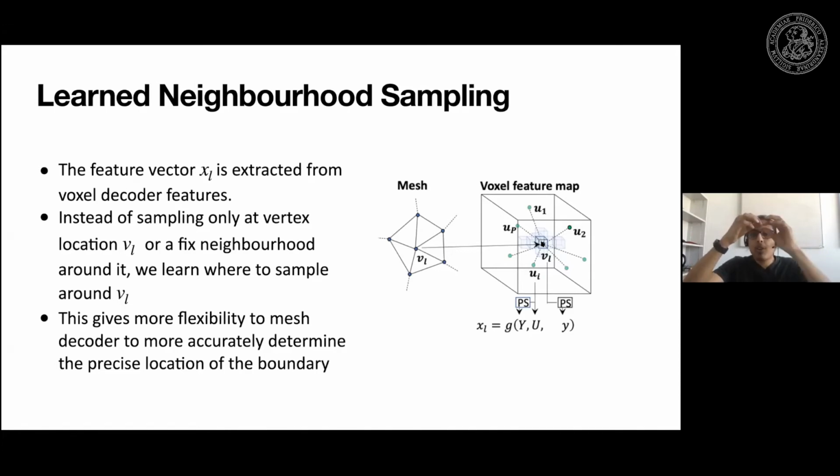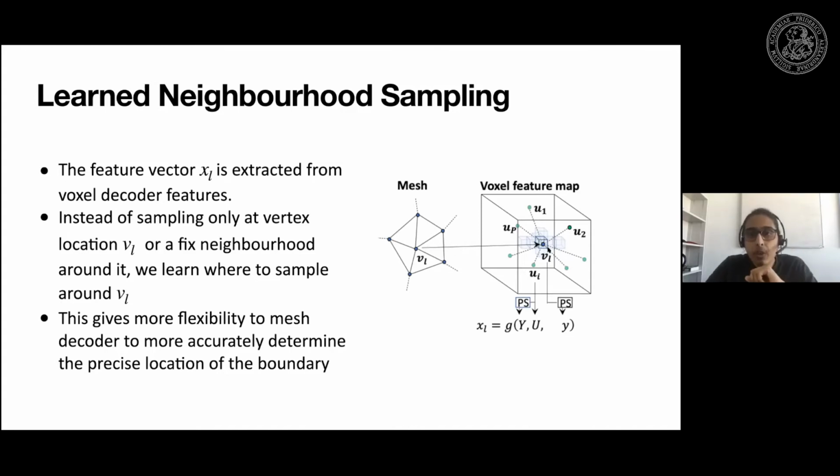So what we found out was, instead of just sampling at the center, like they do in the Voxel2Mesh paper, we should also sample around its neighborhood, which gives more information about the direction of the delta that we need to learn to move this vertex in the space.